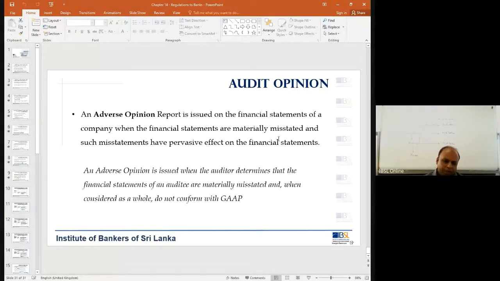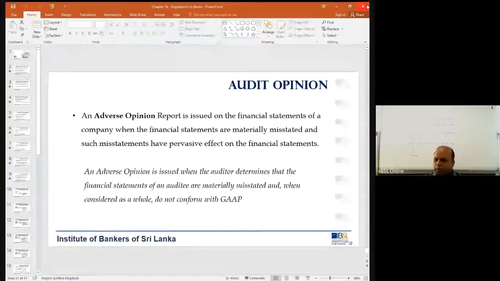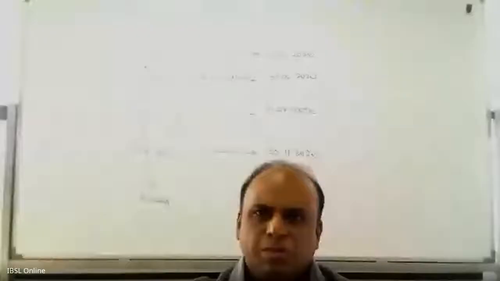And then remaining is the statement of cash flows, which is LKAS 7. Those are the two important areas that we need to cover. We might be able to finish that within this month and then complete the entire syllabus of this module. So I want you to read all these and do the revision work.